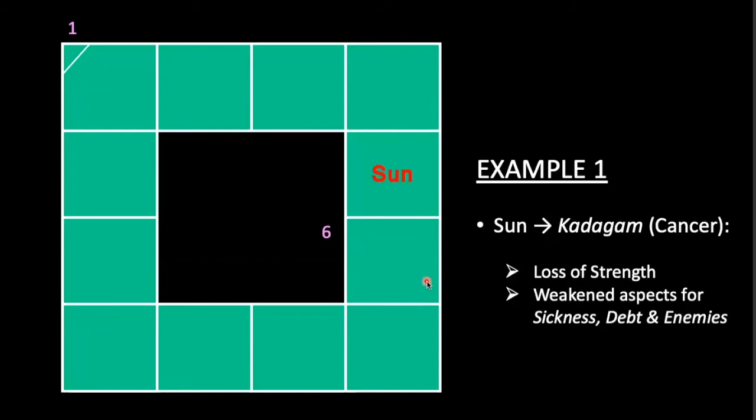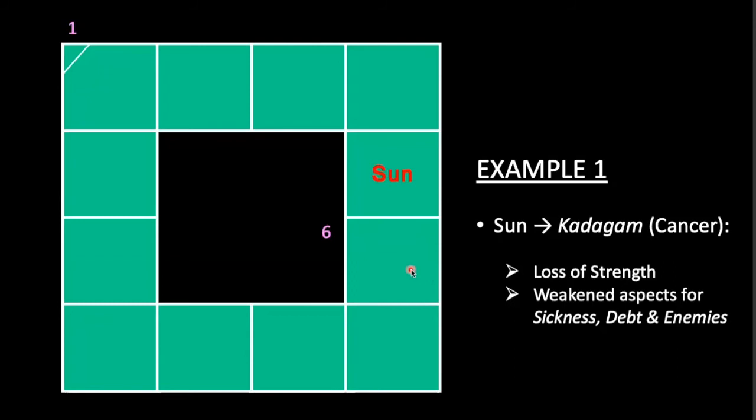So it's negative, negative, which is positive, right? Dusthana houses are a negative thing for a native, as I've mentioned. Now it negates that, it takes that away, because the owner, 12 houses away, has lost his energy. So you don't have sickness, you don't have debt, you don't have enemies.